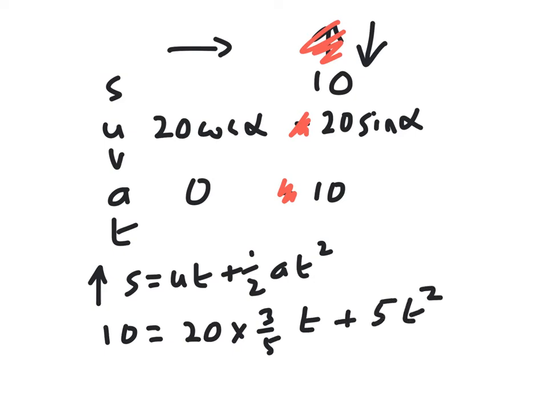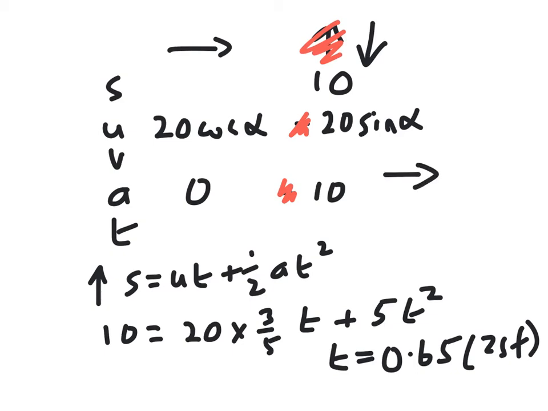So we need to solve that for t, and we get one positive answer and one negative answer, so it's 0.65, 2 sig figs. So now we can put this into s equals ut plus half at squared in the horizontal direction. S equals 20 cos alpha, so 20 times 4/5, that's 16, multiplied by 0.65.